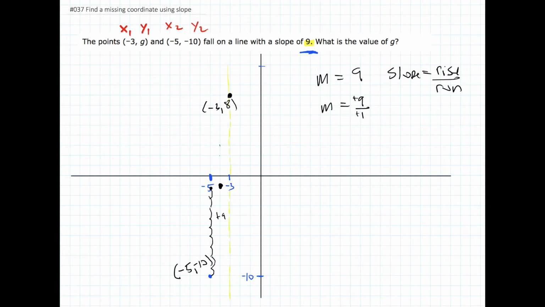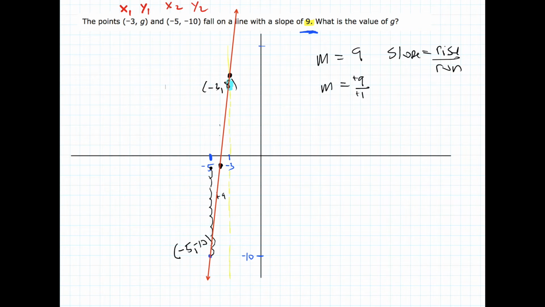So that's what they want us to figure out, but you don't have to do a graph. You can do this algebraically. But I just want you to understand what's going on. And our line would be like this. That's the line. So when they're talking about 2 points falling on a line, this is the line they're talking about, right there.